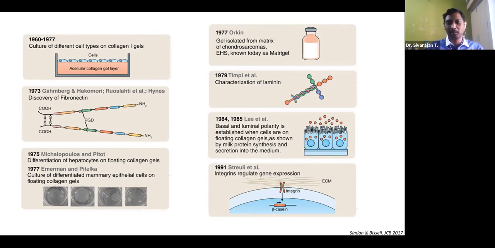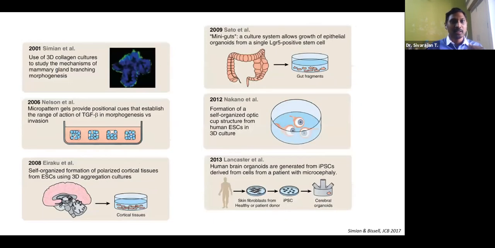And then in 1991, it was finally proven that ECM components like laminin, fibronectin, collagen, interact with integrins, which are part of the cells, which activate certain genes responsible for morphogenesis of the cells. In 2001, using 3D collagen cultures, people showed mammary glands branching out, a very important developmental study.